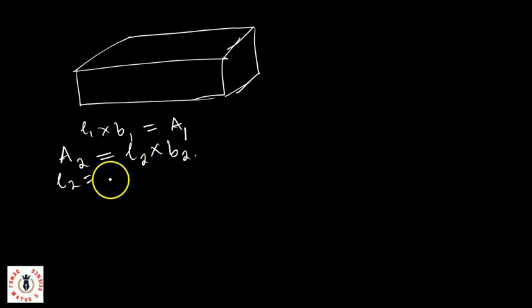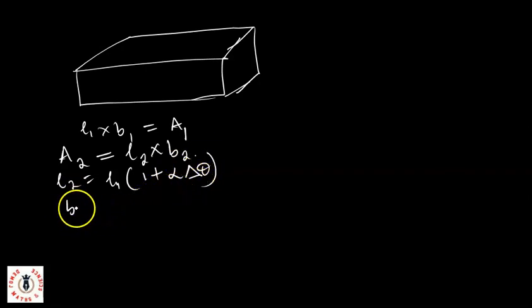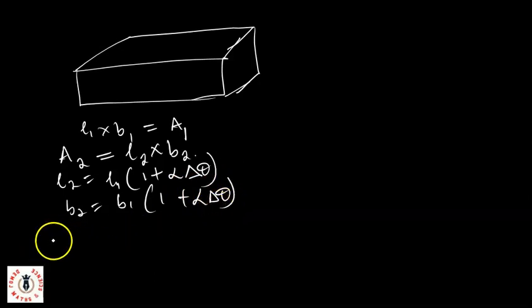L2 is the same thing as L1 into 1 plus linear expansivity times change in temperature, from our last lesson. Obviously B2 will be the same thing as B1 into 1 plus alpha delta theta. And so our final area A2 is L2 times B2.